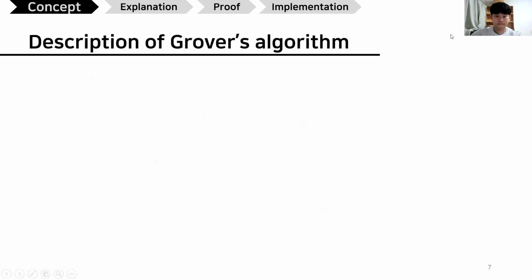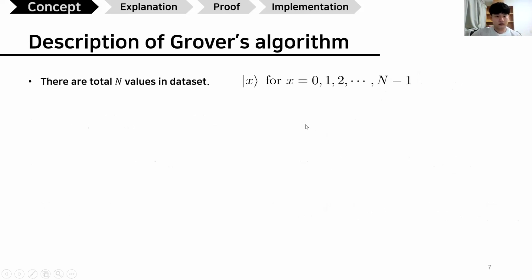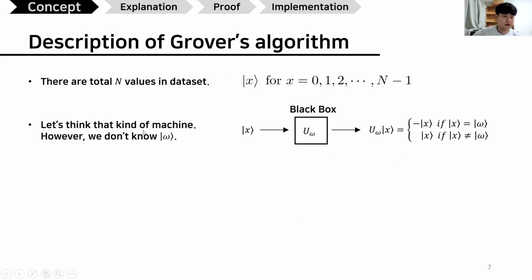So I will describe Grover's algorithm in quantum mechanics. There are total n values in the data set. It's very similar to the classical system. Let's think of that kind of machine.